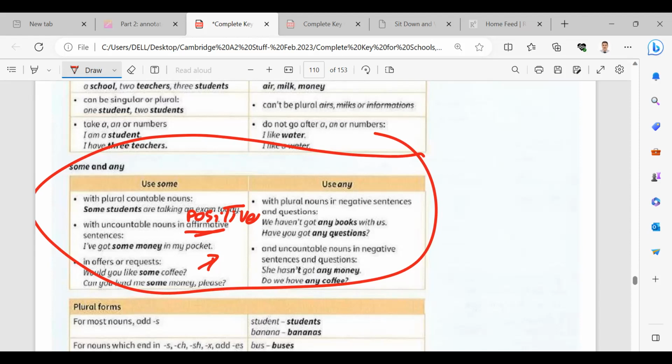This makes sense? Yes. So the question starts with do you have, or does he have any box in his bag? Does he have any box in his bag? Okay, and so on. Clear, Nawaf? Yes. Right.